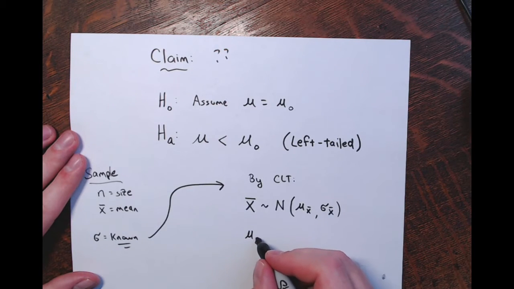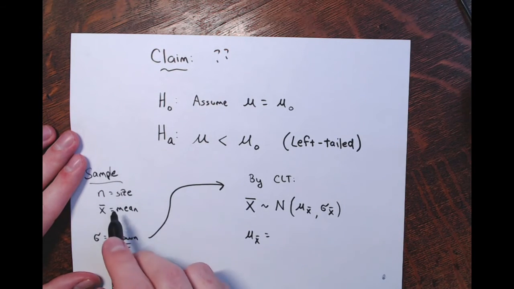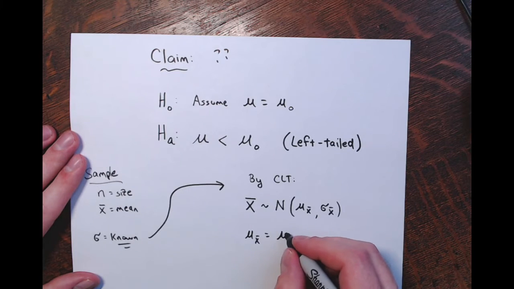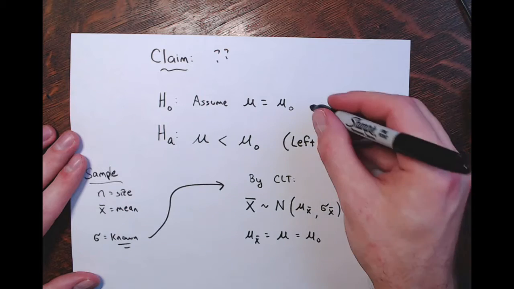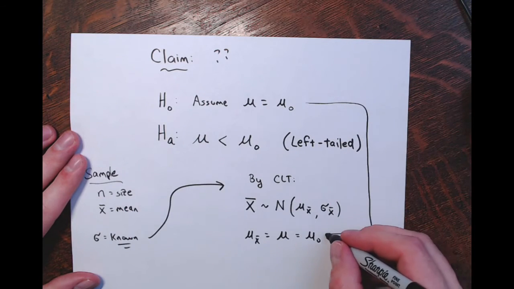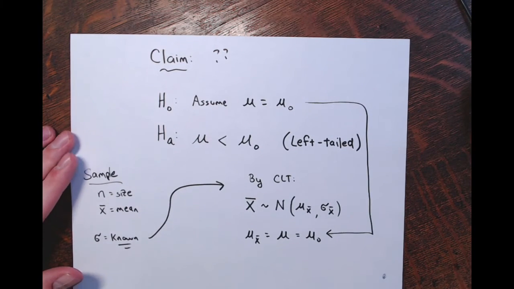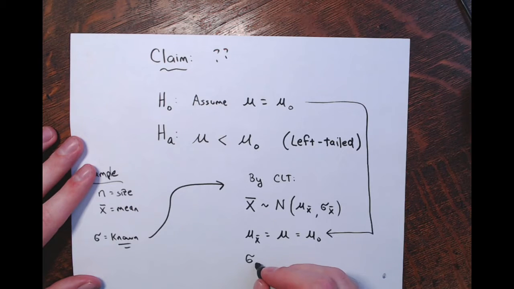The mean of the sample means is the mean of the population, coming from the null hypothesis, which is what we're assuming to be true. And the standard deviation of these x bars is the population standard deviation divided by the square root of the sample size.